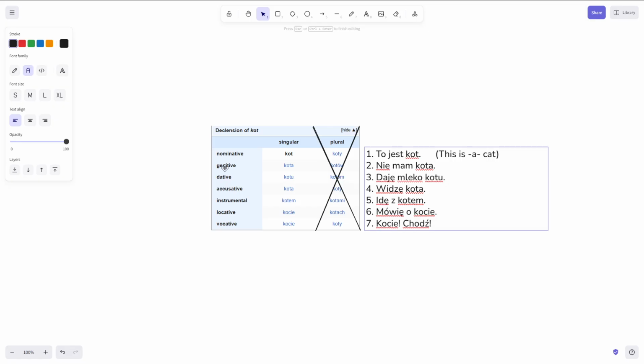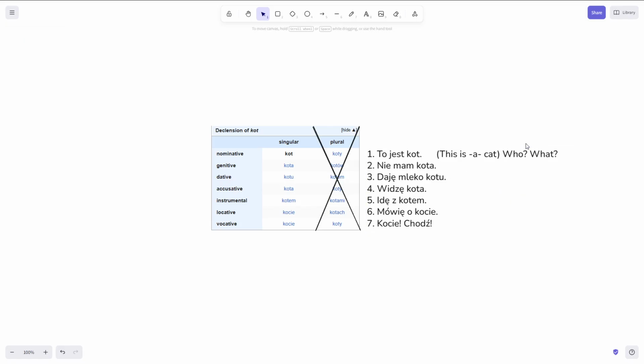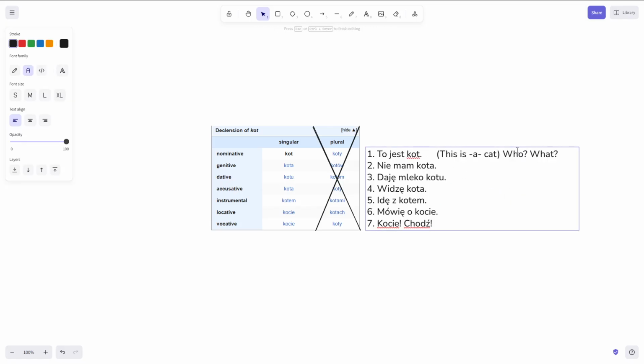The second one, genitive. And sorry, so to jest kot, this is cat. And so the questions are who, what, for the nominative case, okay? So this makes sense because the noun that we should place should answer the question what.